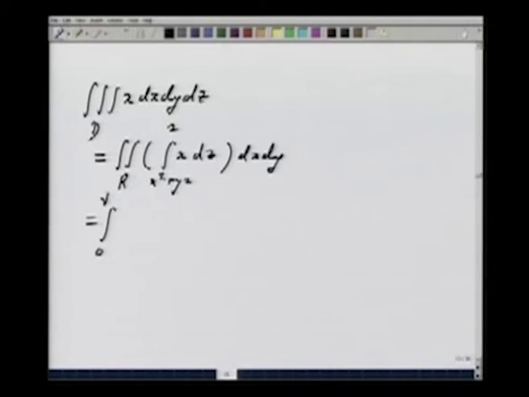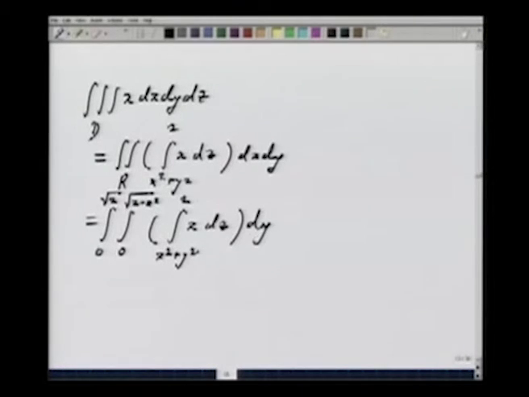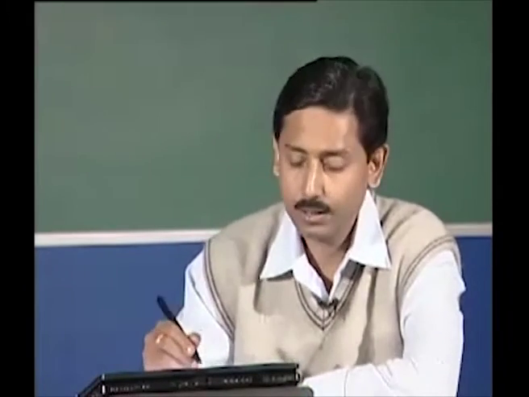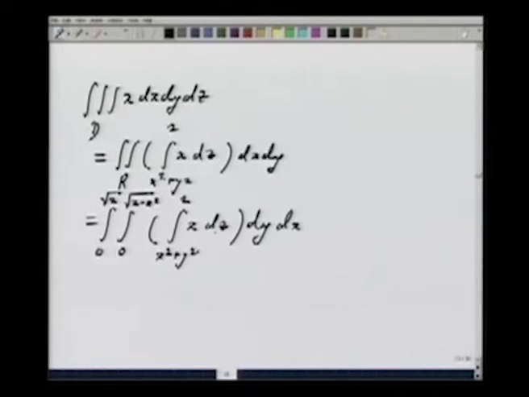R is 0 to root 2, then 0 to square root of 2 minus x square, then x square plus y square to 2 of x dz, first dy, then dx. Notice, once you fix your x and y, then look at the innermost integral. There is no z in the integrand. So this integral is just x times 2 minus x square minus y square.